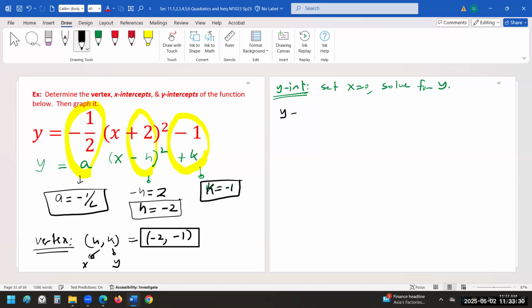So we get y equals negative 1/2 (x plus 2) squared minus 1. Now when x is 0, this vanishes. So we have y equals negative 1/2 times 2 squared minus 1.